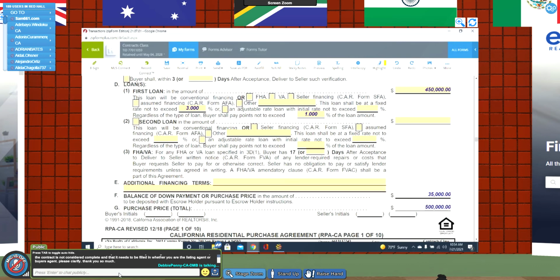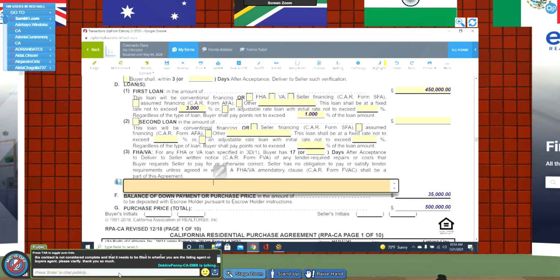Okay, now let's say that the buyer needs help with closing costs. This is where this comes in. It comes in on item 3E on page 1. Do not stick this back in several pages into your contract. This is a financing term. And let's say the buyer needs help with closing costs.